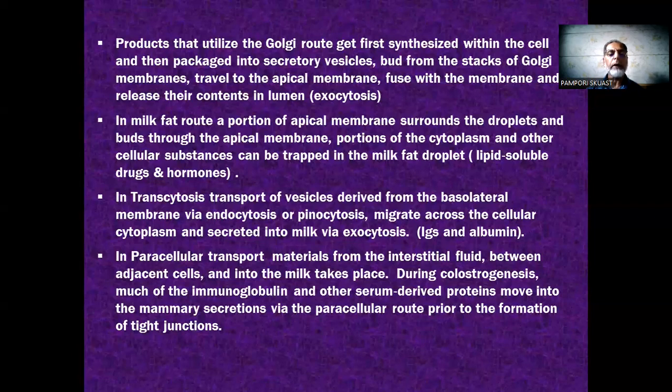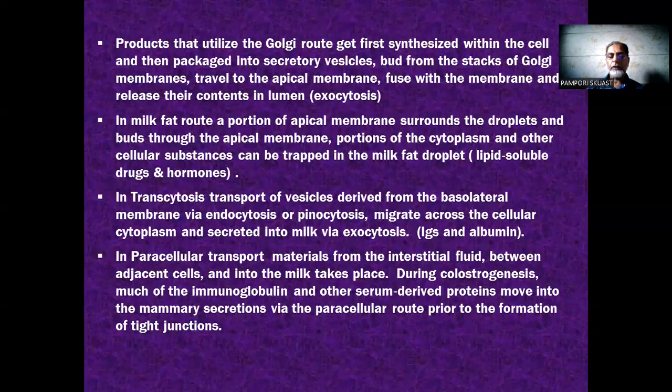Another is paracellular transport: materials from the interstitial fluid on the basolateral side of these epithelial cells move between the adjacent cells and into the milk. During colostrogenesis, when colostrum is being produced, much of the immunoglobulins and other serum-derived proteins move into the mammary secretions via the paracellular route prior to the formation of tight junctions. So paracellular transport is between the epithelial cells of a mammary gland.